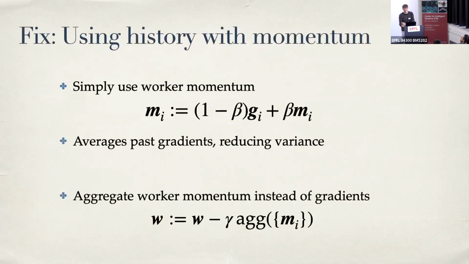One super simple method would be to just use momentum on the past steps you have done. Momentum is very standard in deep learning training anyway, so let's just use it. We use worker momentum, which means locally on the client, we keep moving in the directions we used to.